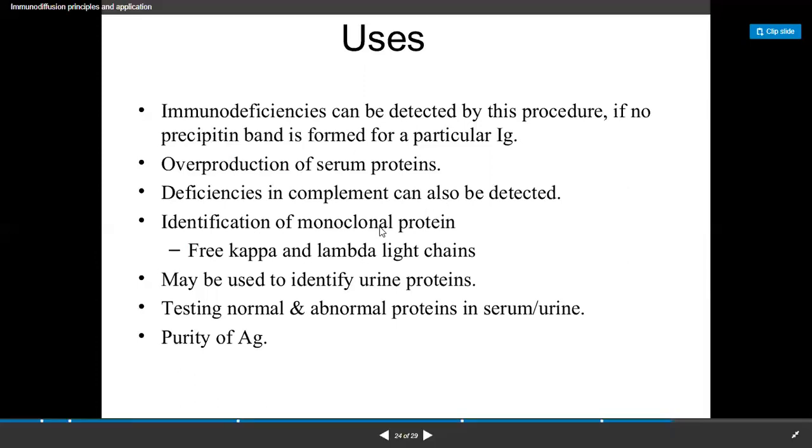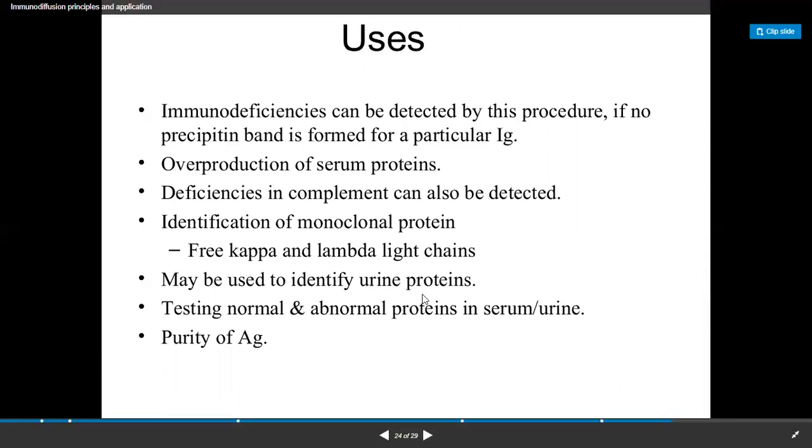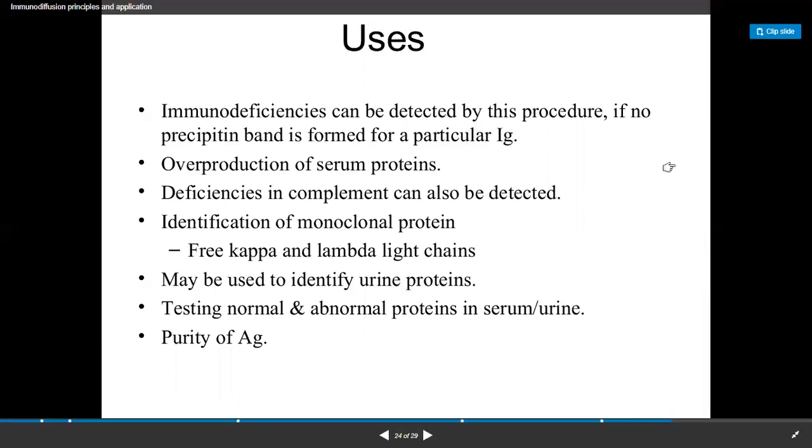It is used for the detection of monoclonal antibodies, and similarly for the analysis of some urine proteins. It is used for the analysis of normal and abnormal proteins in the serum, and similarly it is also used to purify antigen by electrophoresis.